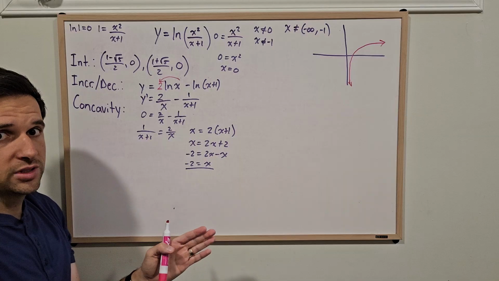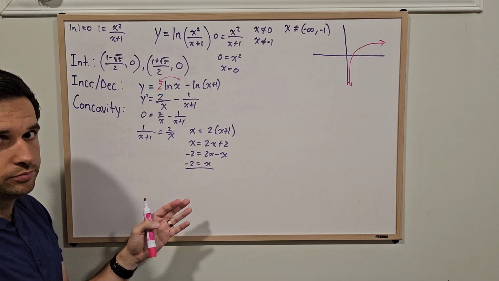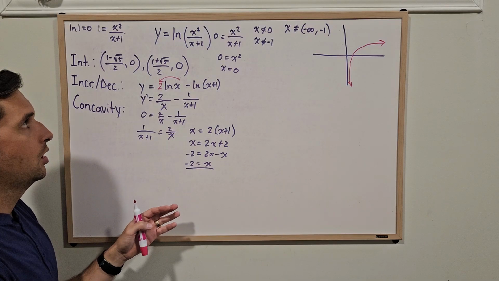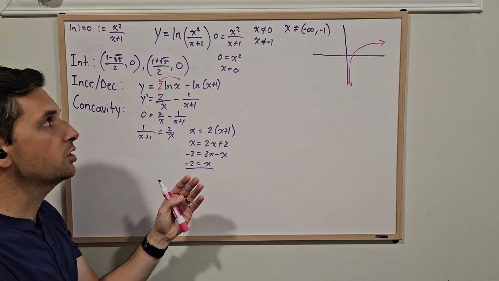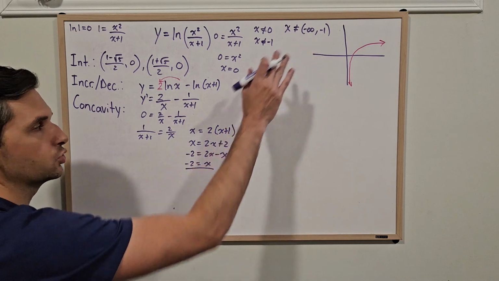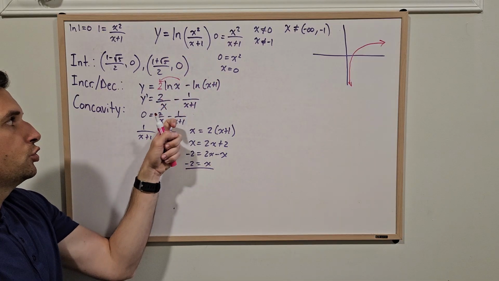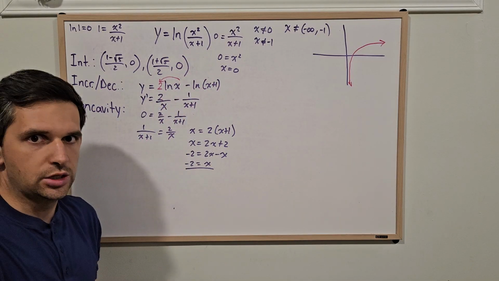So that doesn't help us at all, okay? We don't have any max or mins in this function. What's going on is our function is either always going to be increasing or always going to be decreasing. So you can plug in any number that exists within the domain of our original function into the derivative and figure out whether it's always increasing or always decreasing, right?